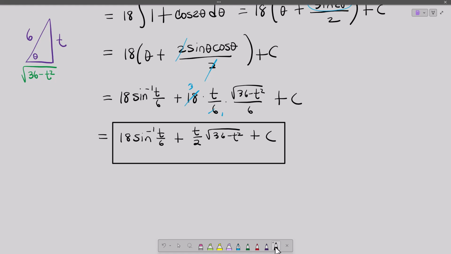That one is sine. Difference of squares with a leading one, always sine.